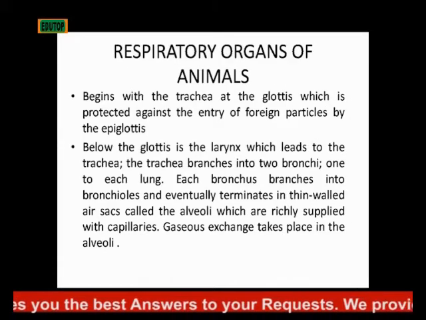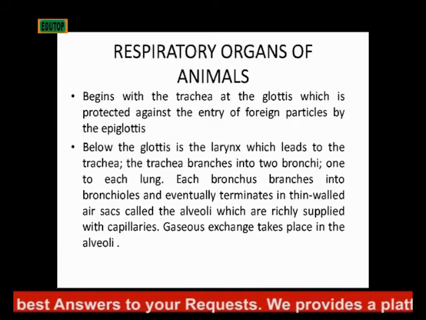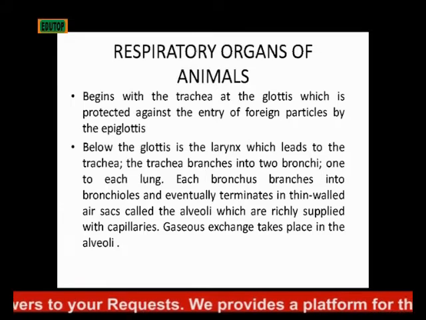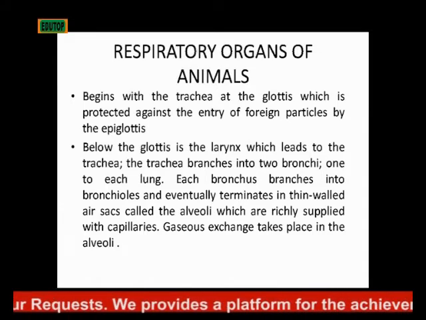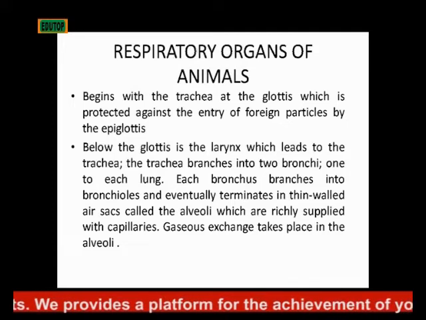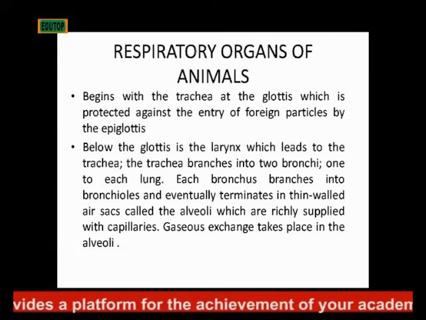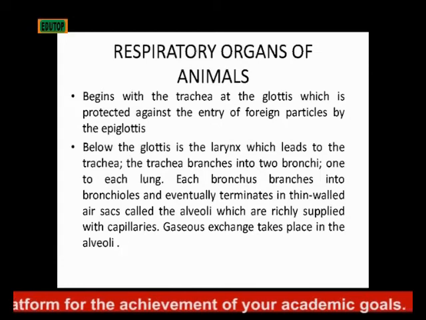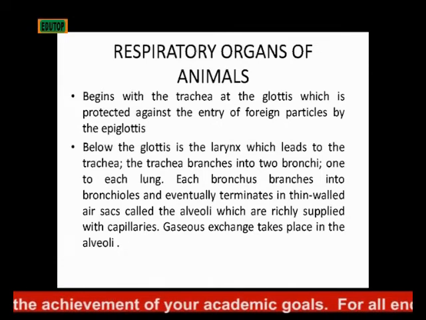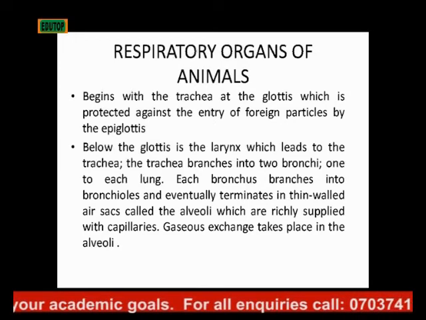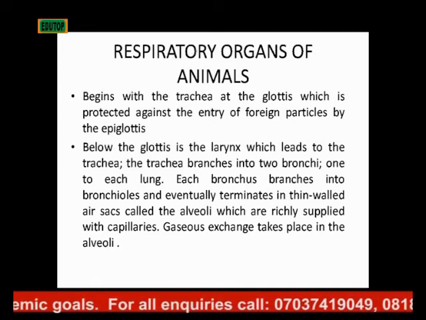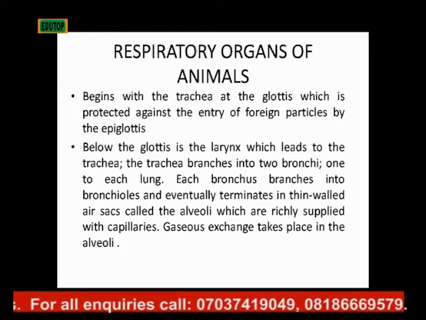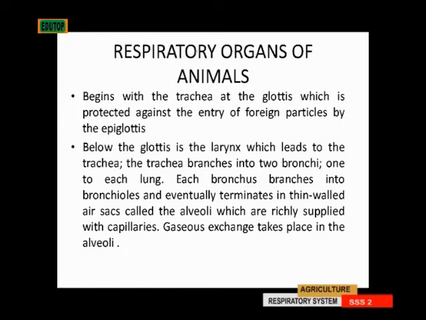Now, the respiratory organs of animals begin with the trachea at the glottis, which is protected against the entry of foreign particles by the epiglottis. Then below the glottis, we have the larynx, which leads to the trachea. The trachea branches into 2 bronchi, one to each lung. Then each bronchus branches into bronchioles and eventually terminates into a thin-walled sac called the alveoli.